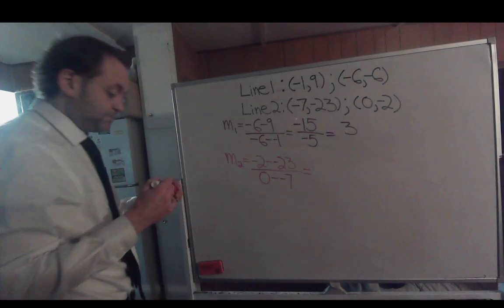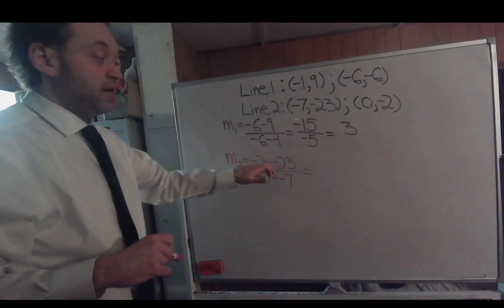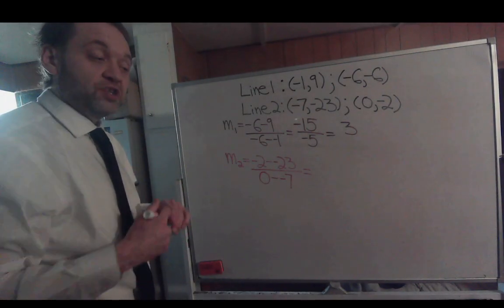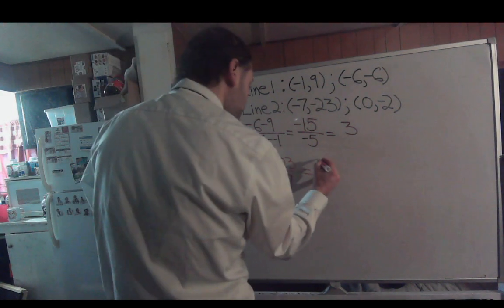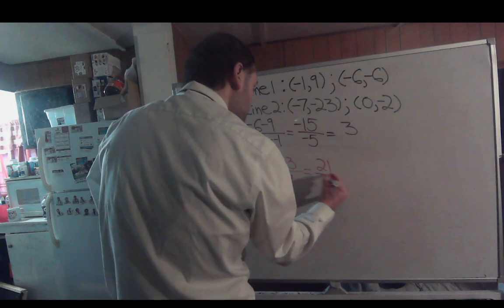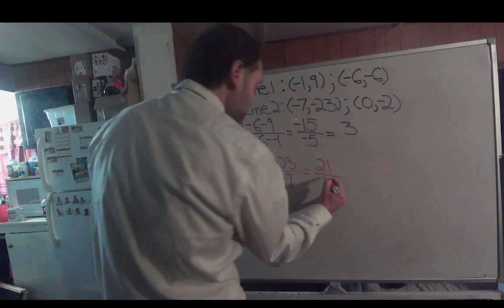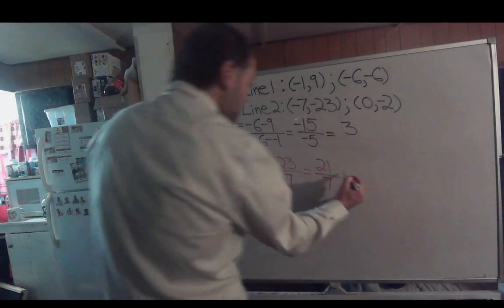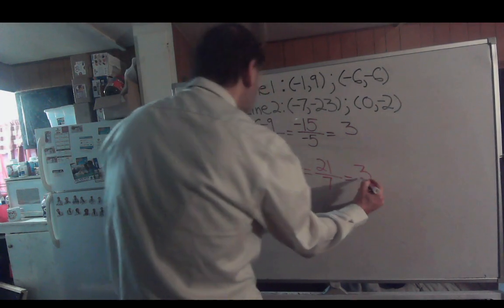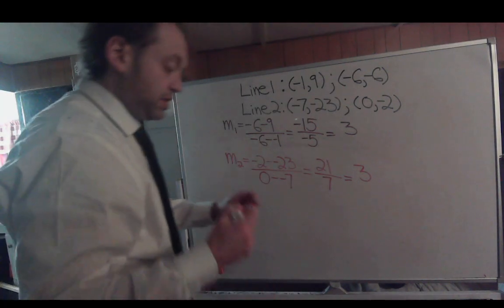Well, -2 minus -23 is -2 plus 23, which turns into +21, over 0 minus -7, which turns into 0 plus 7. So that's 21 over 7. Well, what do you know? The slope of line 2 is also 3.